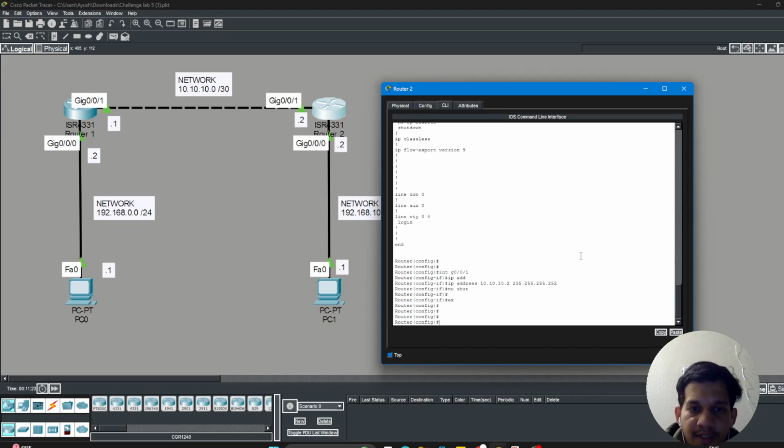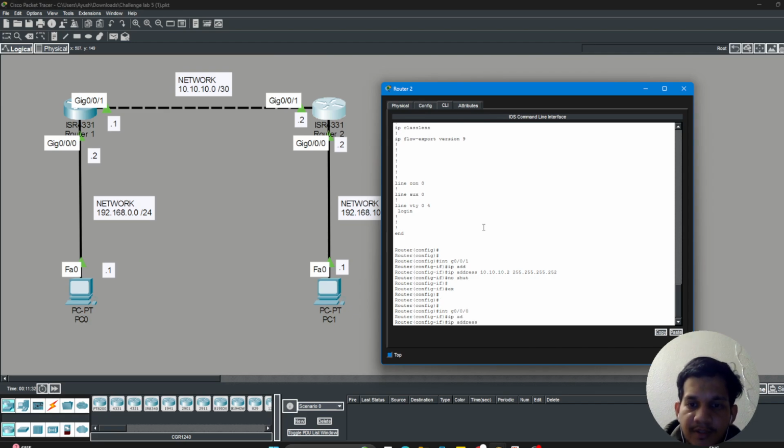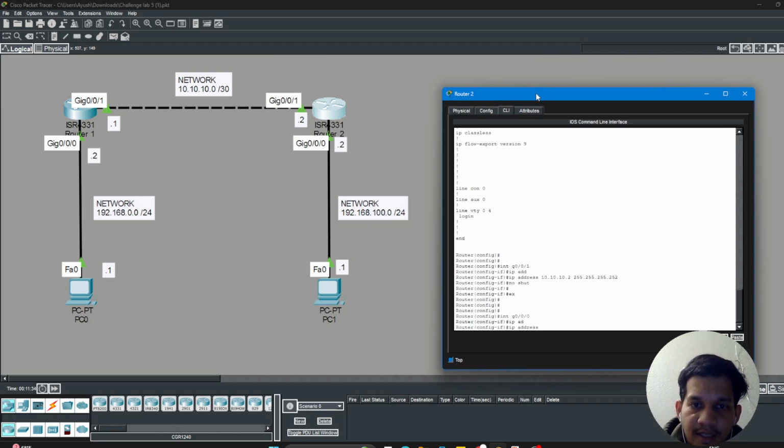Okay, exit, and go to interface G0/0 of the router. Since it's connected to the 192.168.100.0 network, the IP for this will be 192.168.100.2/24, which is 255.255.255.0, my bad, and then no shutdown.